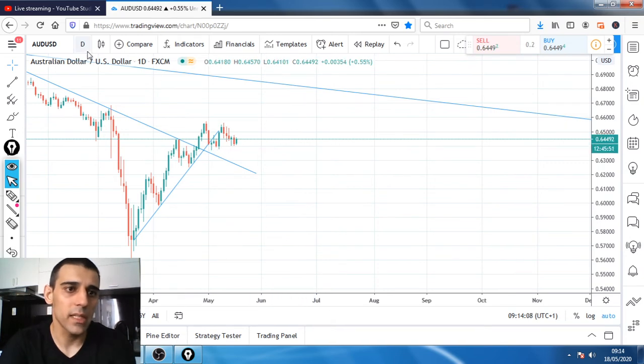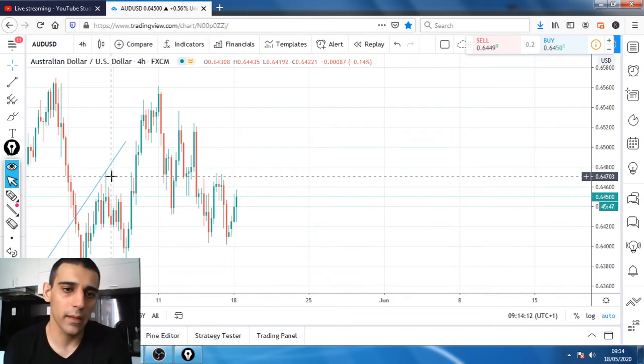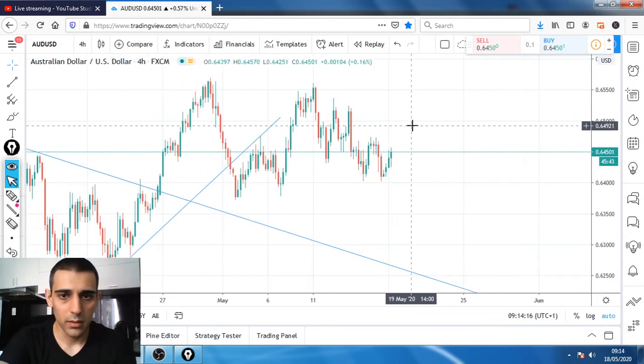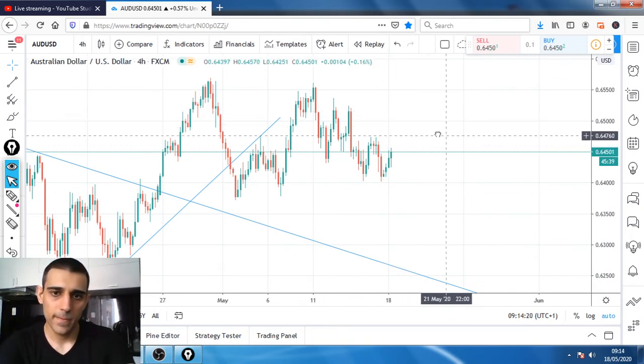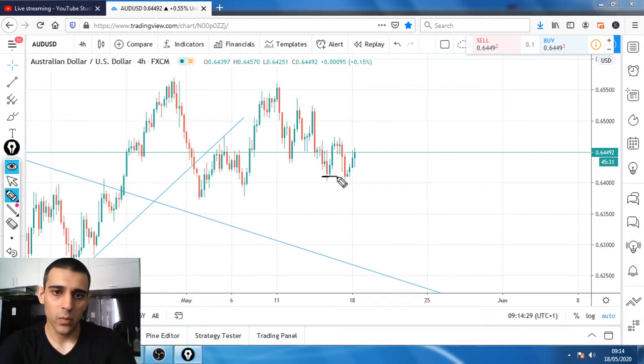Certainly on a swing basis, but let's go to a 4-hourly time frame and see what we have. Okay, on the 4-hourly time frame, the price tested that support level, and now this one is looking like a retracement.